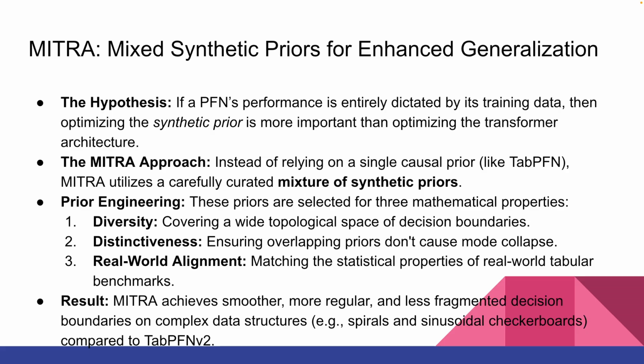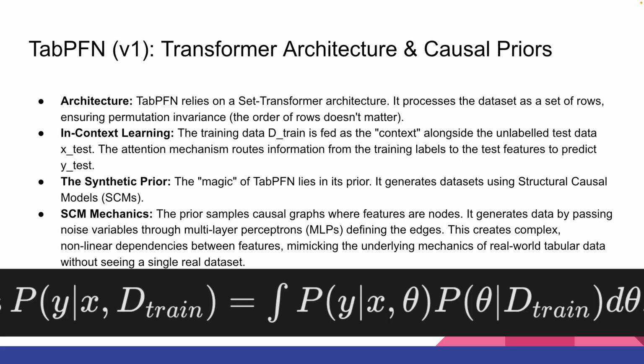MITRA is not a large language model. It has no ability with text understanding or generation. It's still just taking your tabular data, taking the features of each column, and then taking the attention mechanism across these columns.